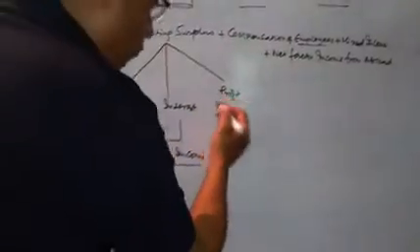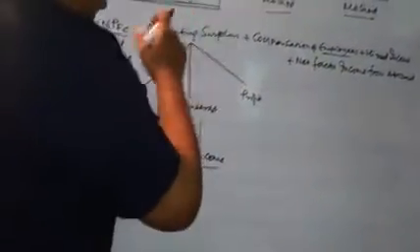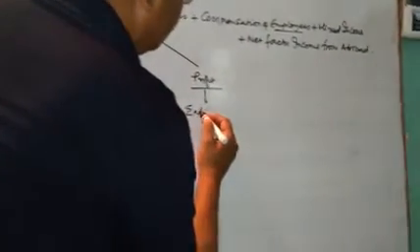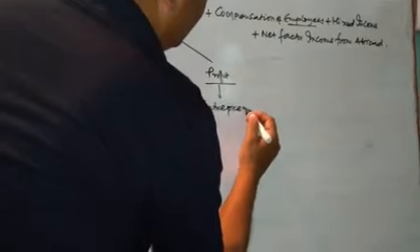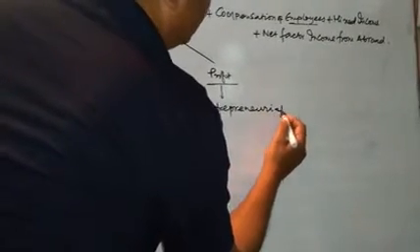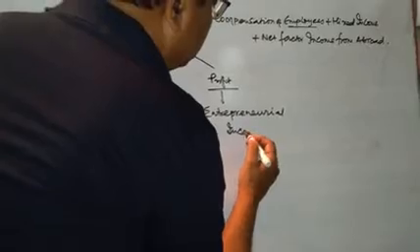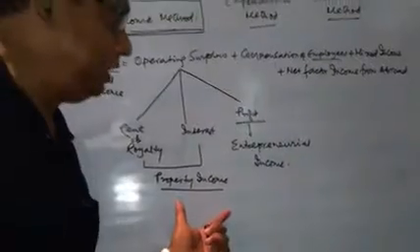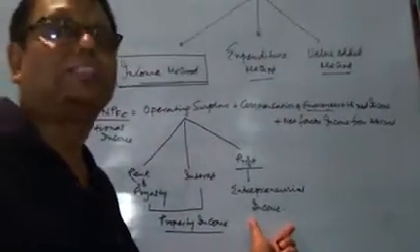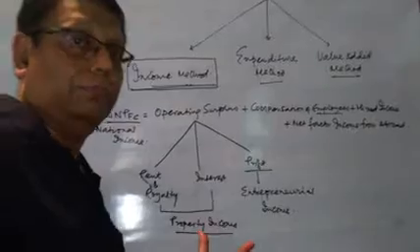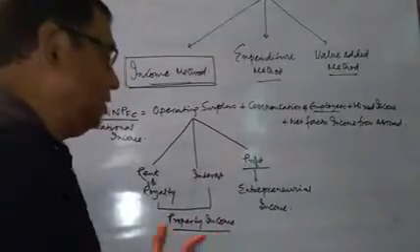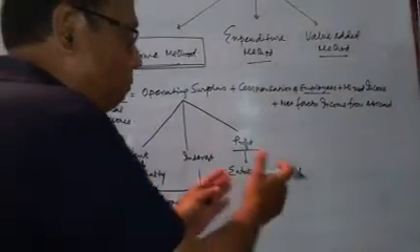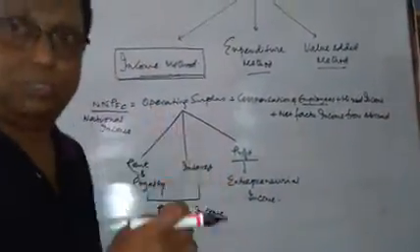And this profit, the last part of the operating surplus, is known as entrepreneurial income. So simply, operating surplus is the sum of property income and entrepreneurial income. It is simply the income which is earned either by the property or by the entrepreneurial risks.